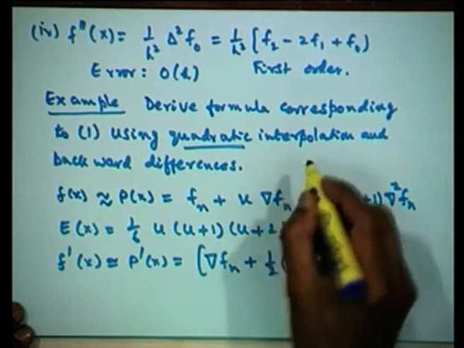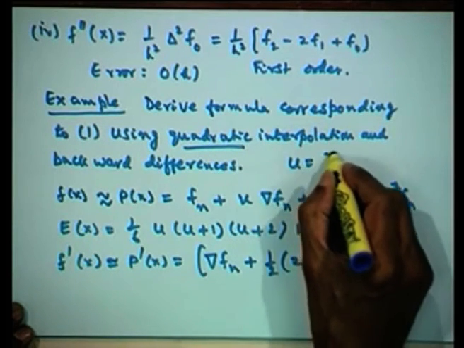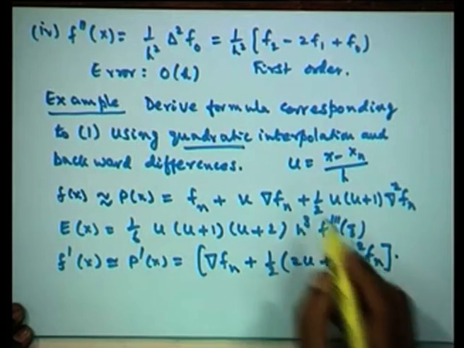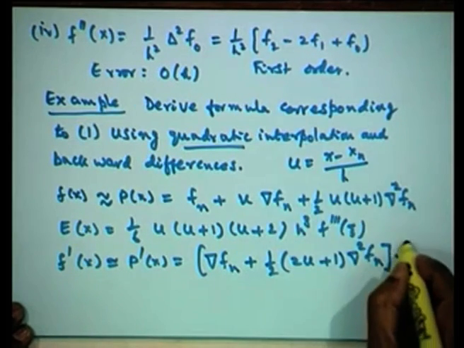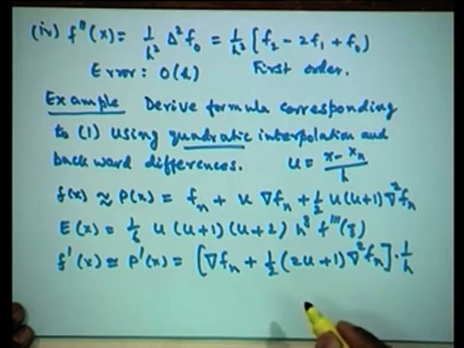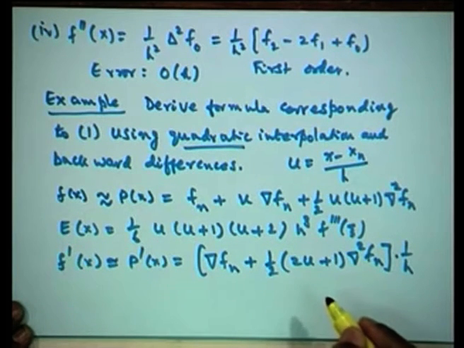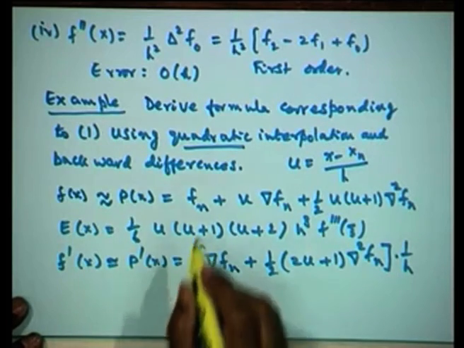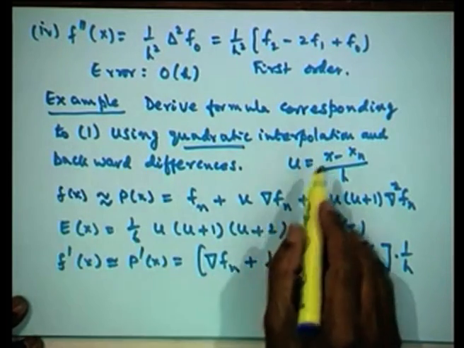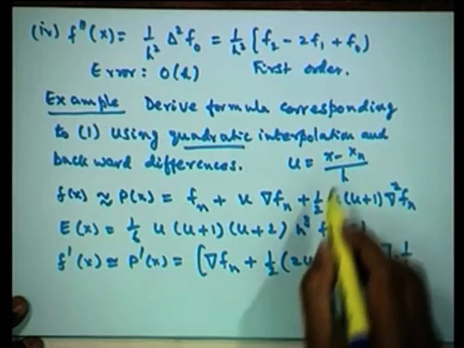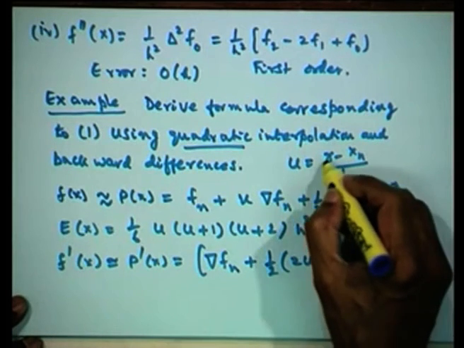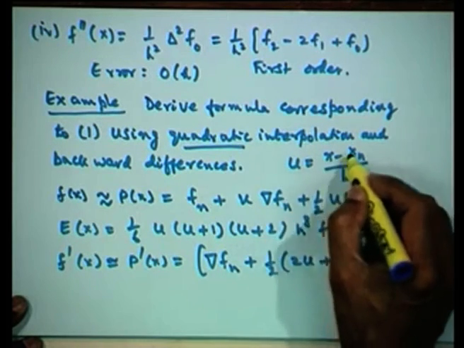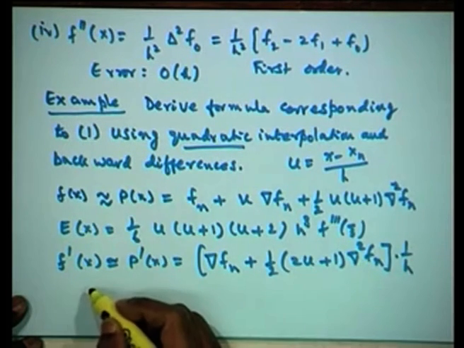You remember the formula for u was x minus x n divided by h. Therefore, du by dx will be equal to 1 upon h. Now, this formula we shall use whenever we want to find the derivative at any arbitrary point at the end of the data. Once x is given, I can find the value of u from here, substitute it over and get the derivative.